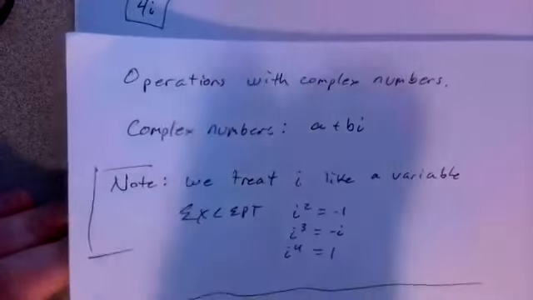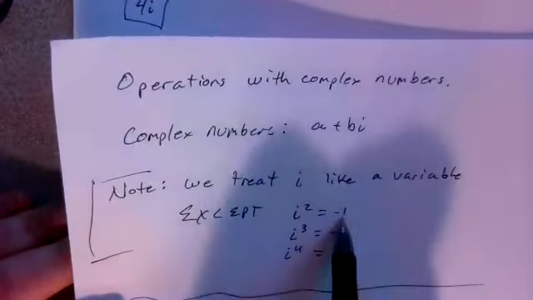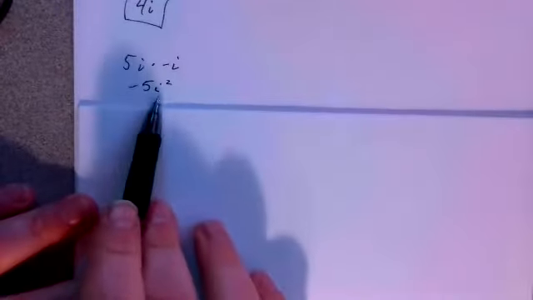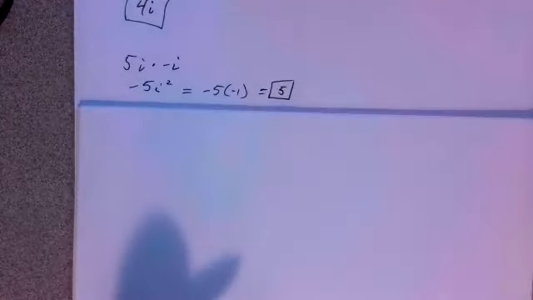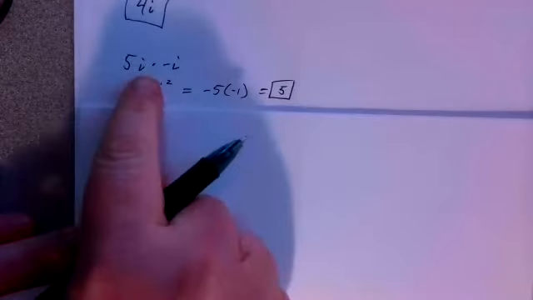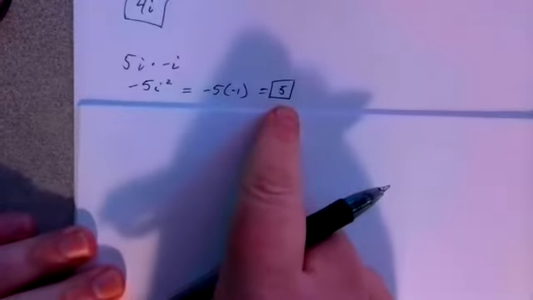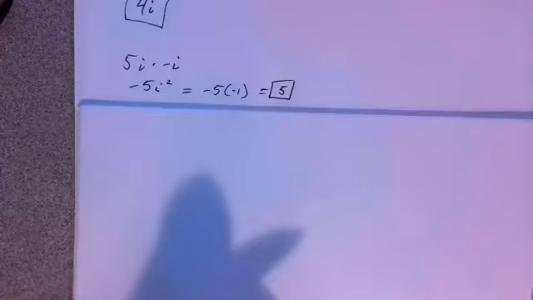But this is where things are different than a variable. If I have I squared, I have to turn it into a negative 1. So instead of -5I squared being my final answer, it's -5 times -1, and that ultimately is just 5. So 5I times -I turns into just 5.